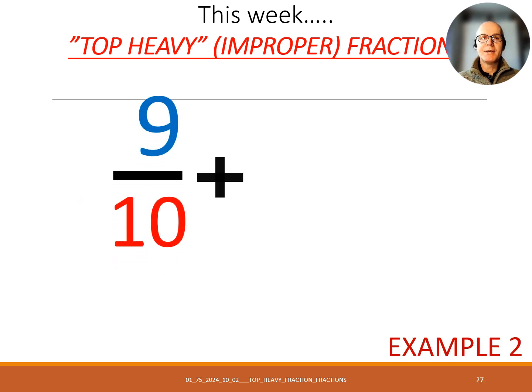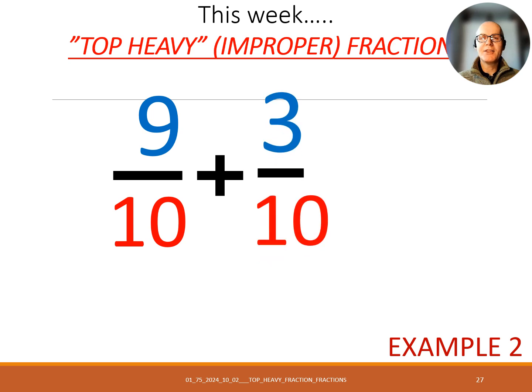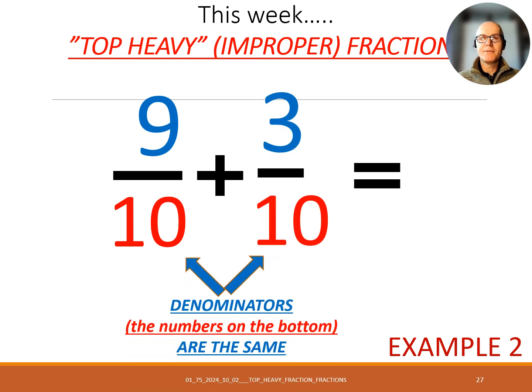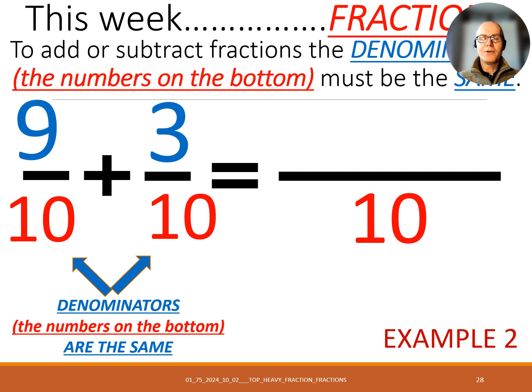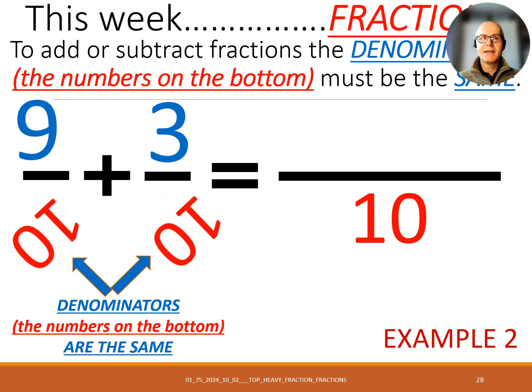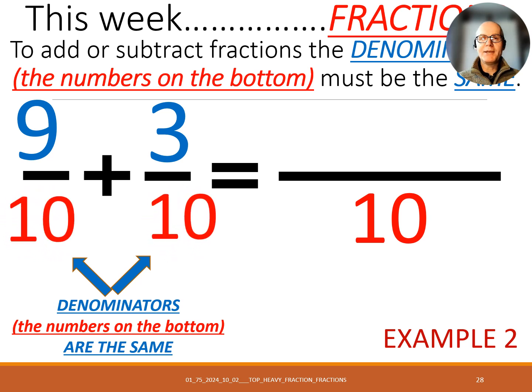Let's look at this example. 9/10 plus 3/10. What does that equal? So, first things first, are the denominators the same? Yes, they are. They're both tenths, so we don't need to change the denominators. The denominator on the bottom we just leave as tenths because that's common.